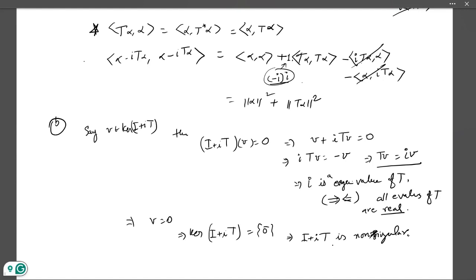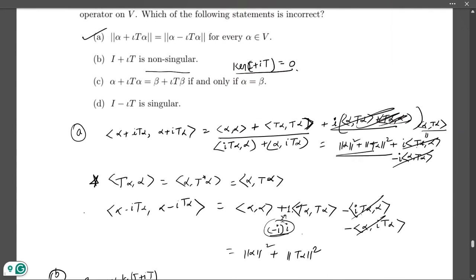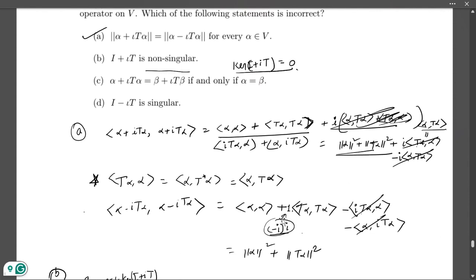Right? So this is for part B. This is also correct as a statement is correct.